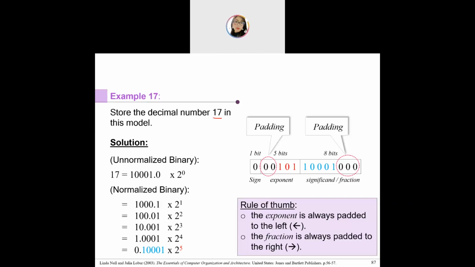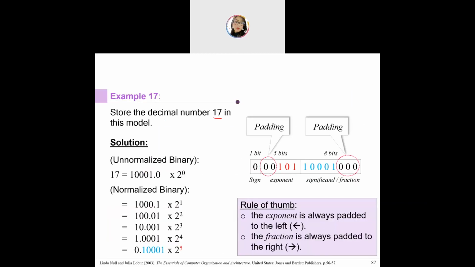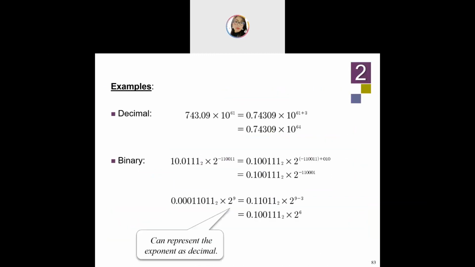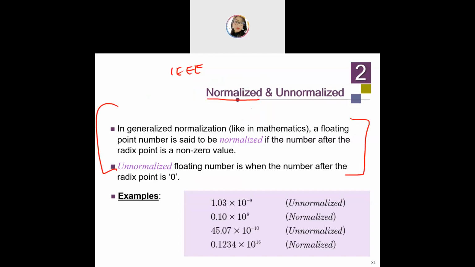So you need to do the normalization, and there is no mention at all of IEEE. So you need to follow these normalization steps, because later on for IEEE, this step is different, but the name is similar. For now, it is not IEEE. It is the normal standard.